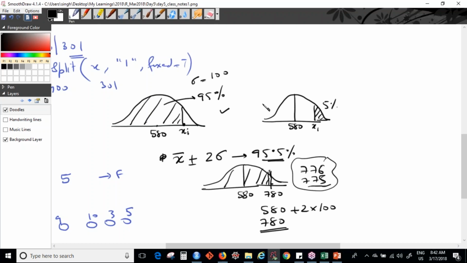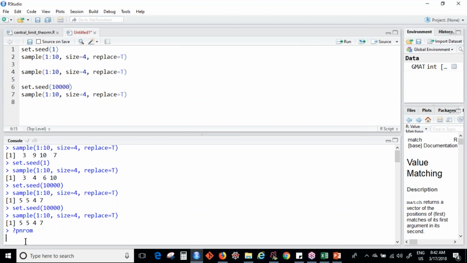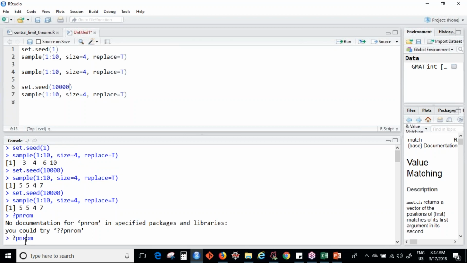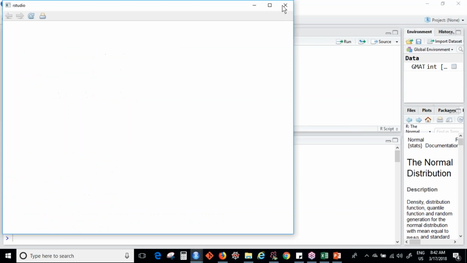Now how do we find this? For that we can use the software. Let me go to the help page of pnorm. And what do I find here?